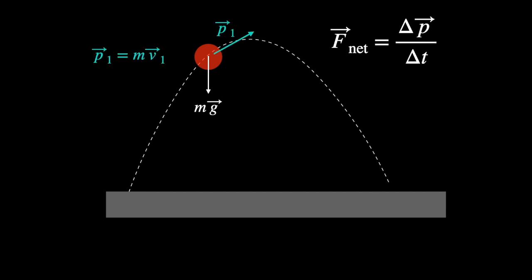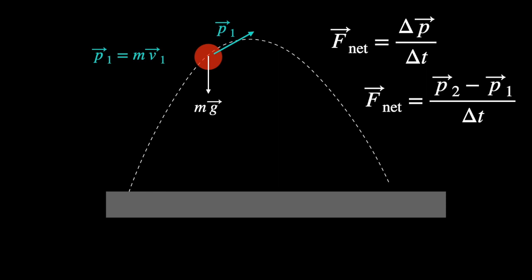And so we would define momentum in this case as the product of mass and velocity. We call p the momentum, the vector momentum, and here is the momentum at that particular instant. I'm calling it p1 because I'm going to have a p2 later. So if I use that momentum, p1, and some time interval later, then I could say F net would be the change in momentum, p2 minus p1, divided by the time interval that the force is applied, delta t.